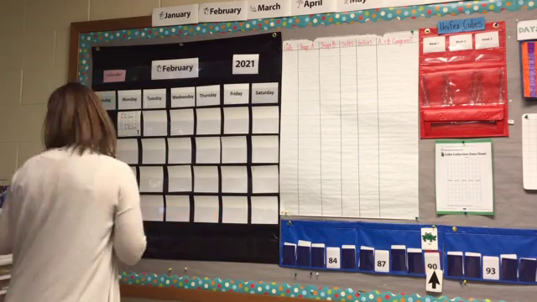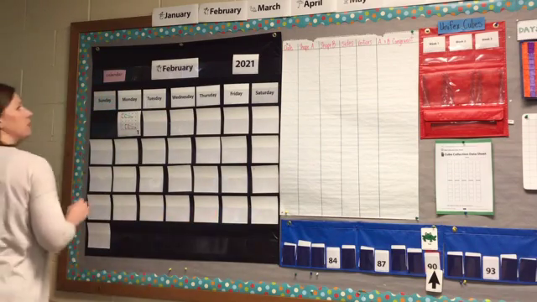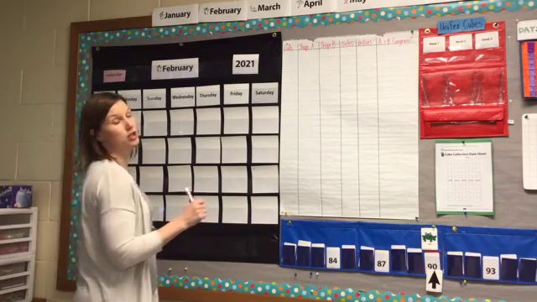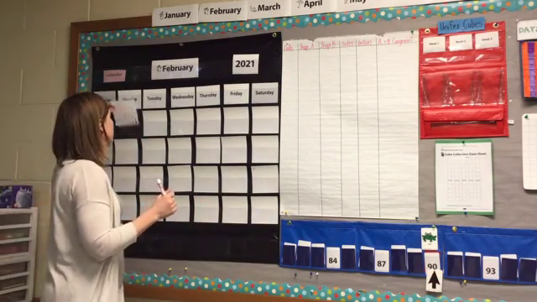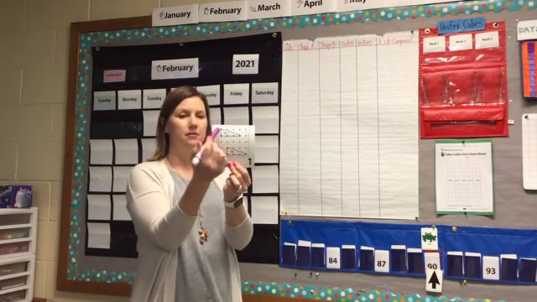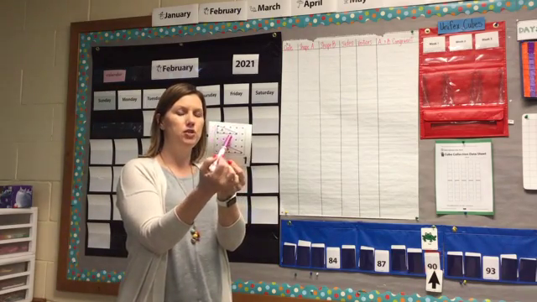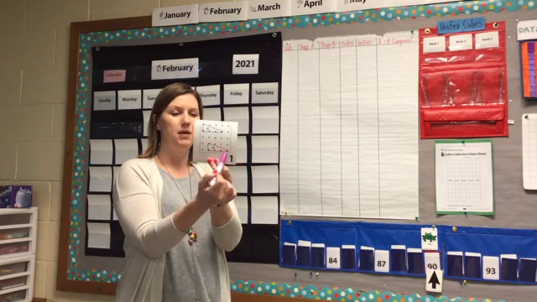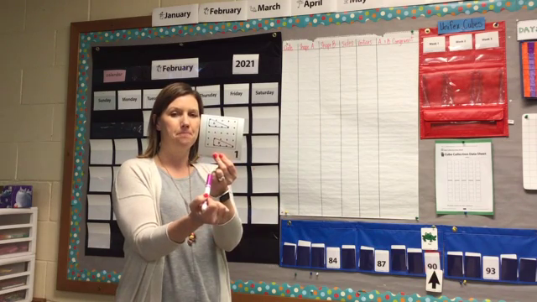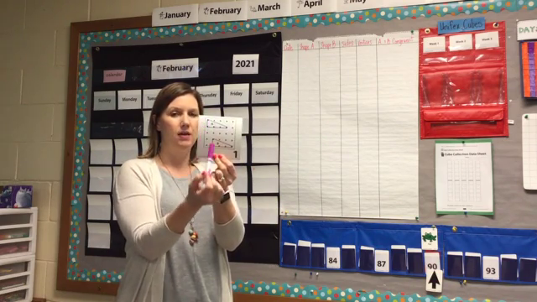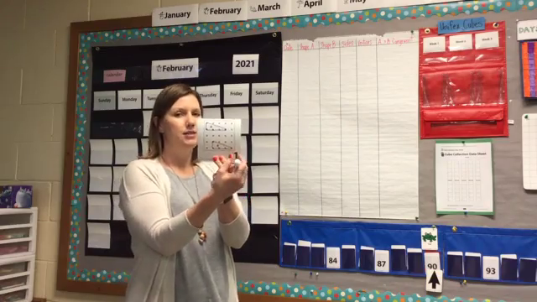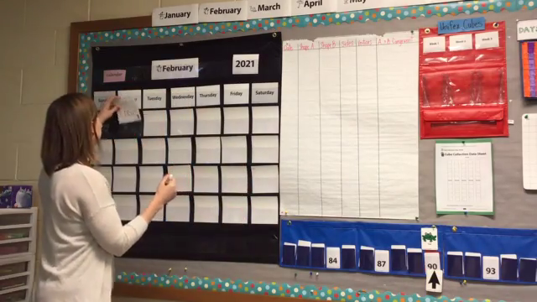We'll also be writing down what shape that is. So we have to decide what shape is shape A and what shape is shape B. Think about what shape that is. It's a triangle. They're both triangles.